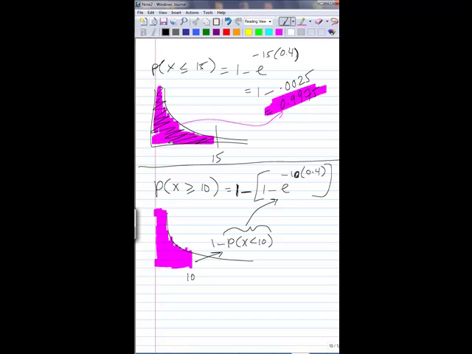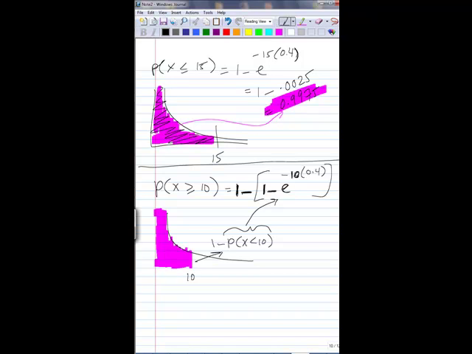But notice we have 1 minus 1 minus an e term. So in this situation, the 1 minus 1 minus essentially cancel out. So we can find the answer to this part by just computing the e term.